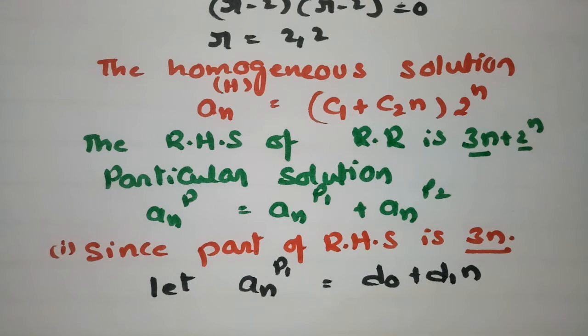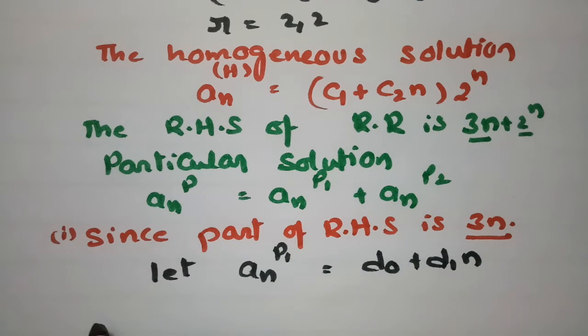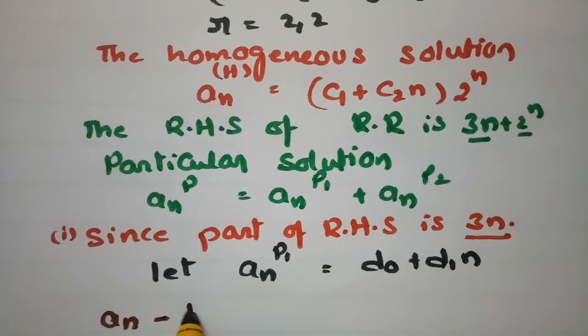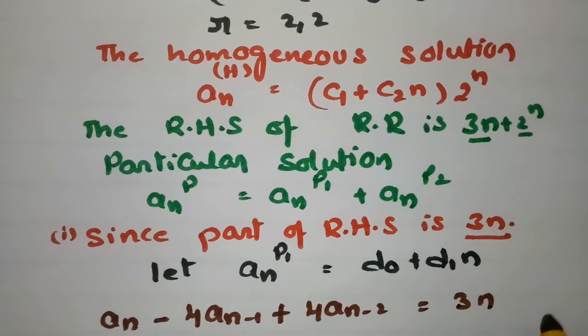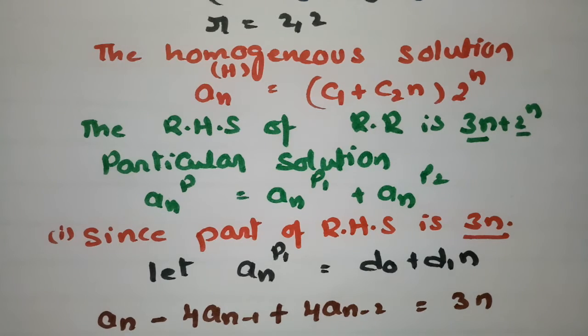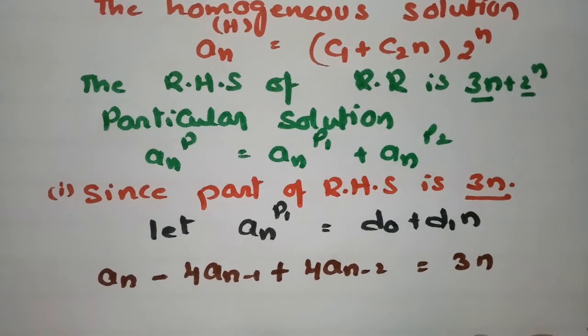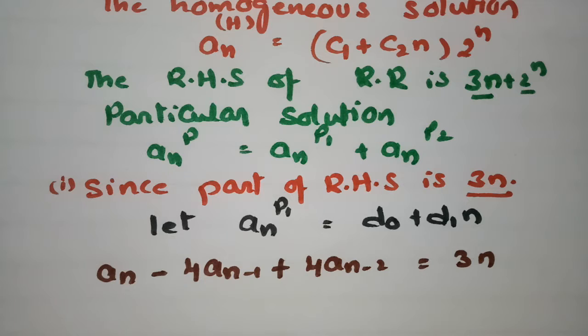We have to substitute the same thing in the given recurrence relation. The recurrence relation, after taking 3n as the RHS, is a_n - 4a_(n-1) + 4a_(n-2) = 3n.